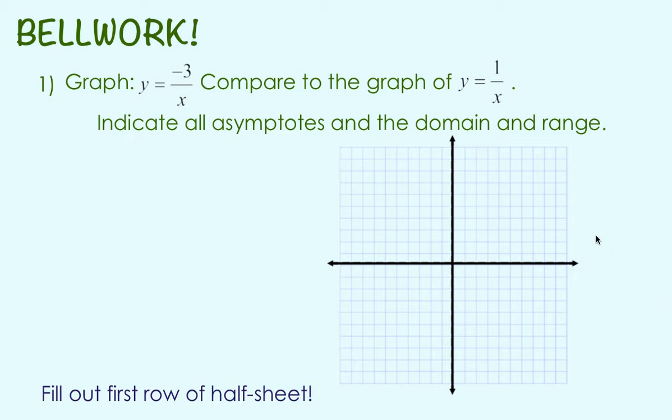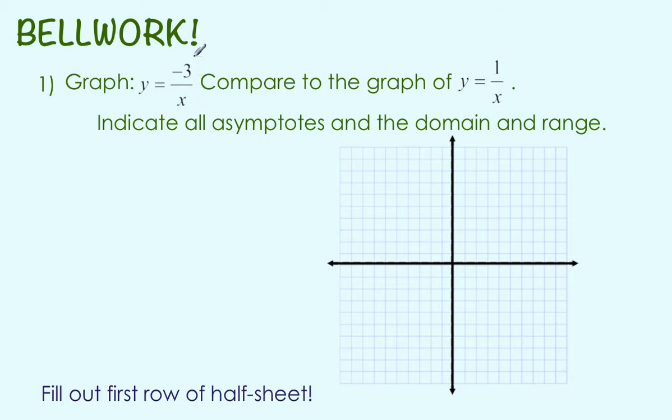Alright, so just like what we did on Friday, we're graphing the function y equals -3/x. We'll compare it to the graph of y equals 1/x. Now you did the y equals 1/x one on that worksheet that we did as part of our bell work on Friday. So if you recall, we first talk about the asymptotes.